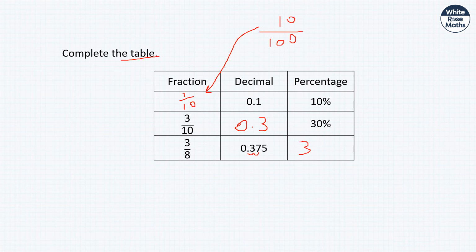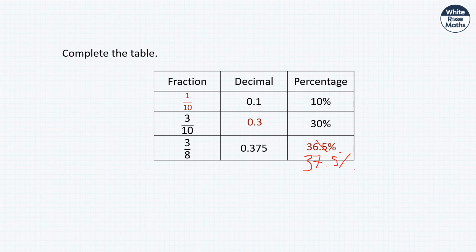So it's going to be 37.5%. So there is a mistake there. It should be 37.5%, so ignore that one there.